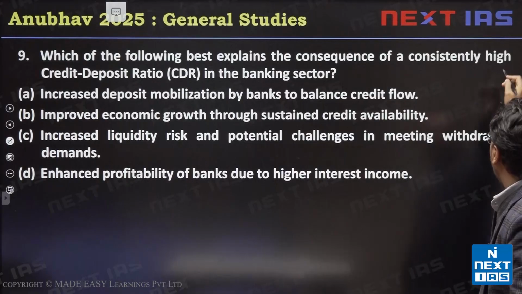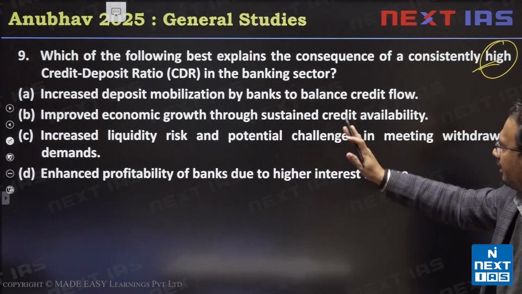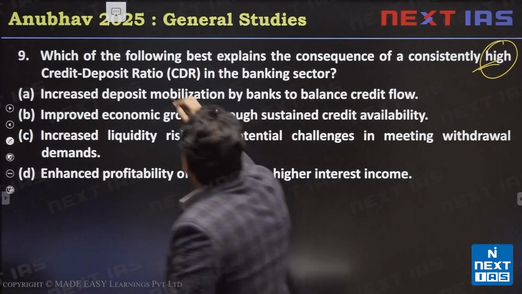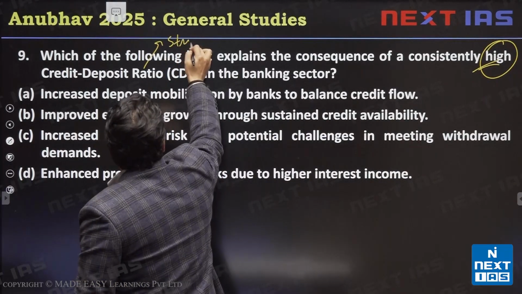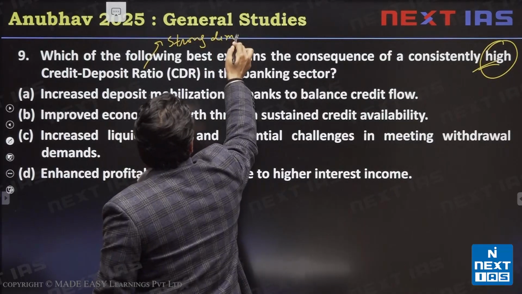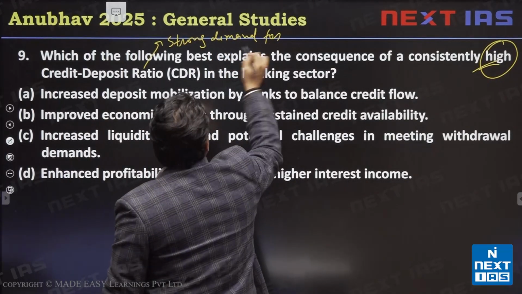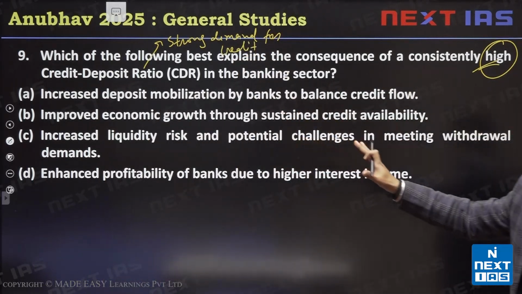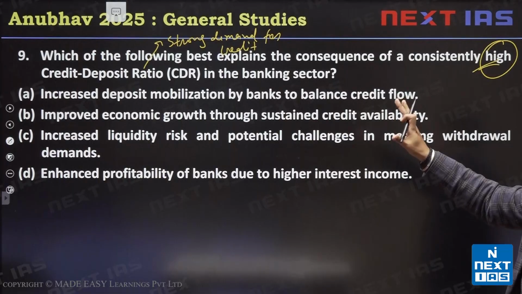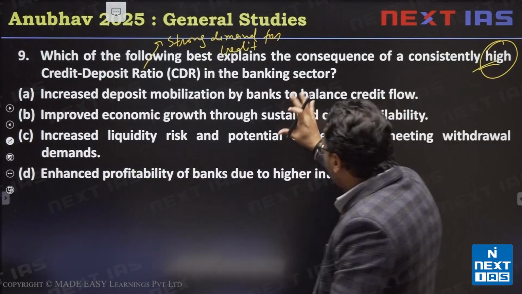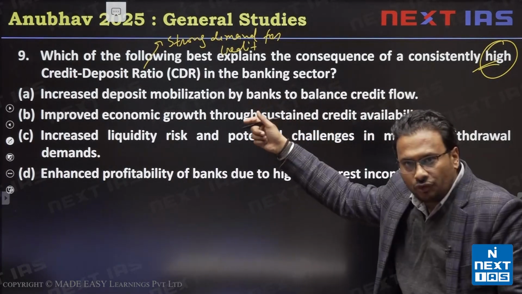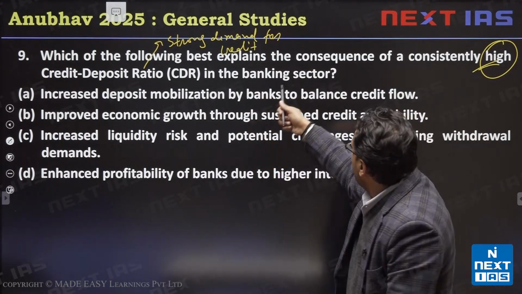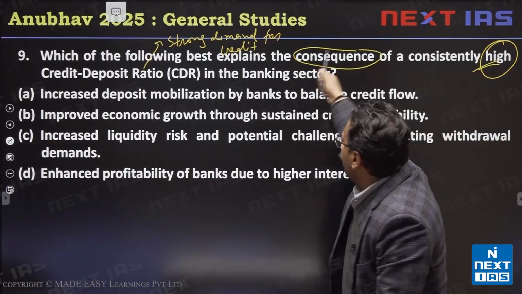If I talk about a high credit deposit ratio, it talks about one very strong thing, that there has to be a strong demand for credit, right? Why? Because we are talking about the high credit deposit ratio. Second, it also talks about a slower deposit growth rate. So based on these assumptions, we look at the consequences.